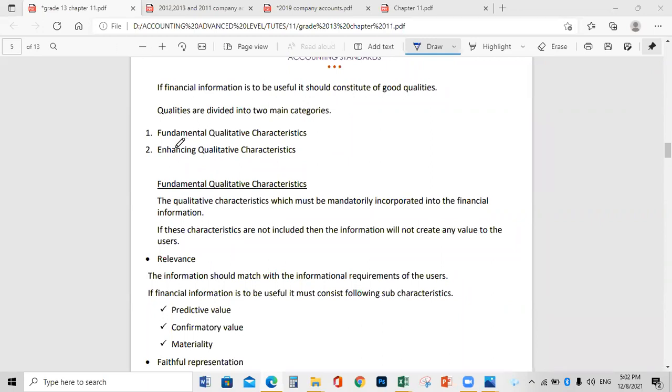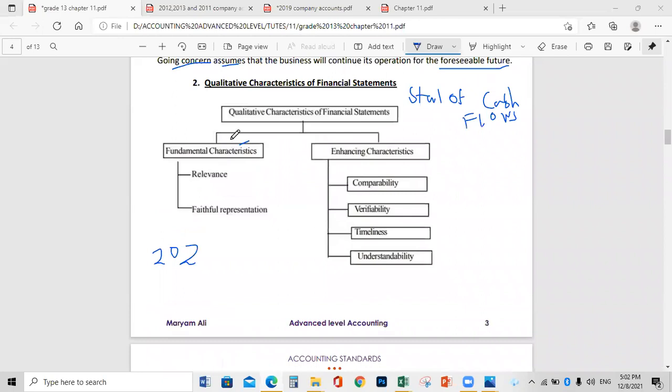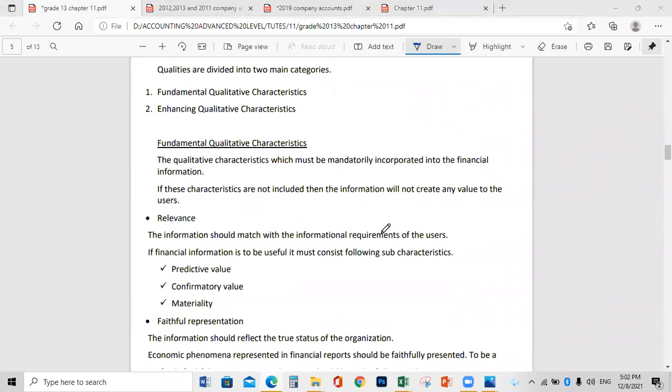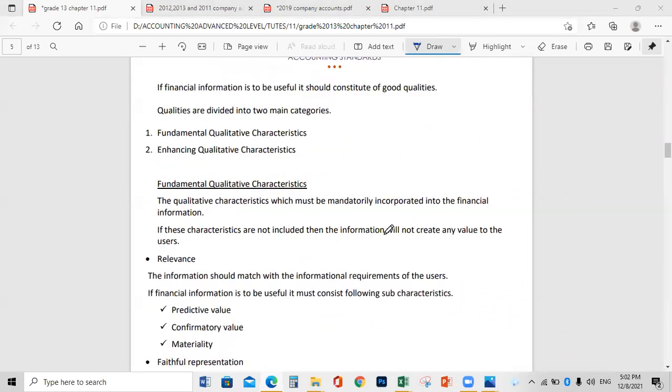Usually you divide quality into two: the fundamental qualitative characteristics and the enhancing qualitative characteristics. So what is a fundamental qualitative characteristic?